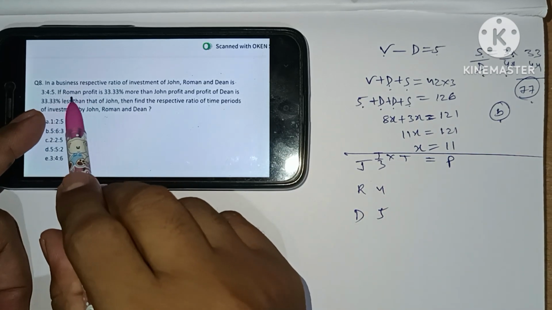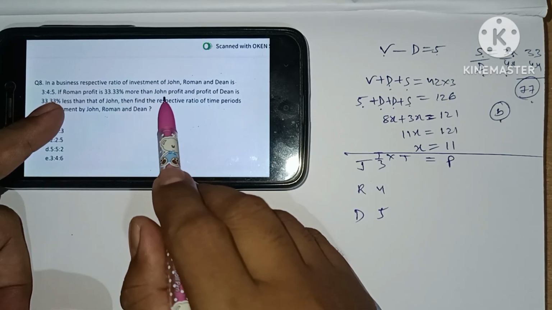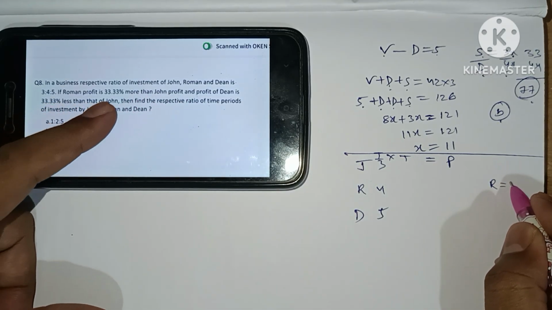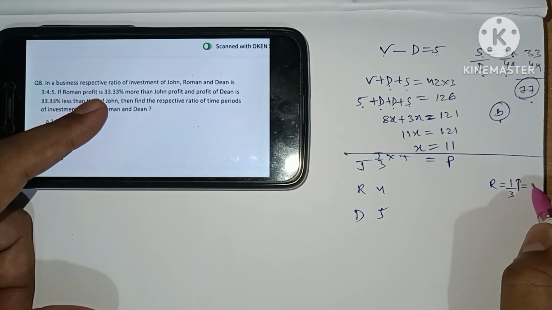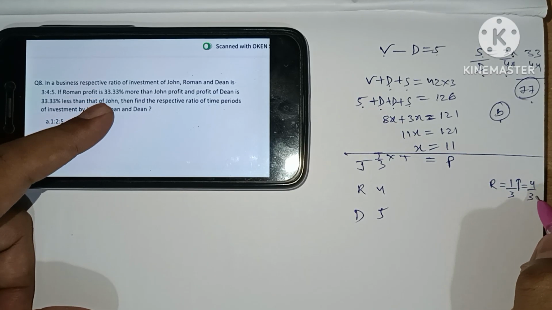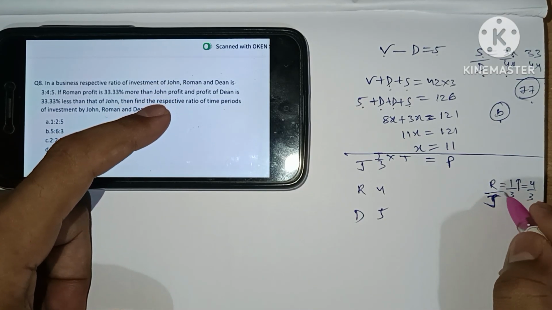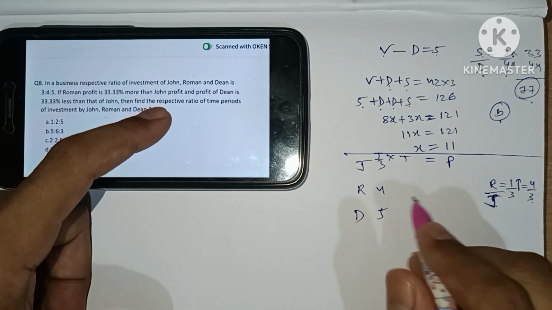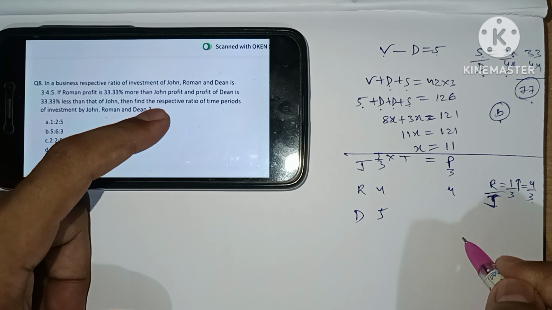If Raman's profit is 33.33% more than John's profit, 33.33% means 1/3 more. 1/3 more means 4/3 of John. So the profit ratio of Raman and John is 4:3.